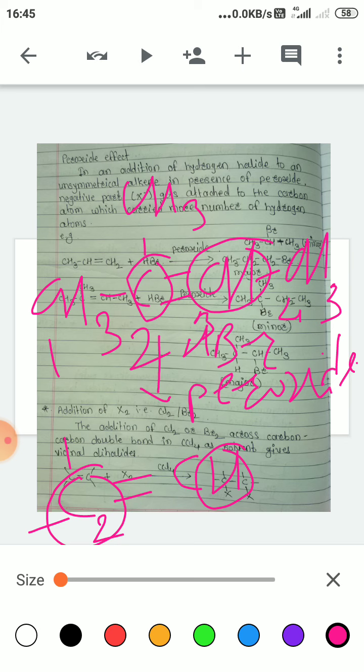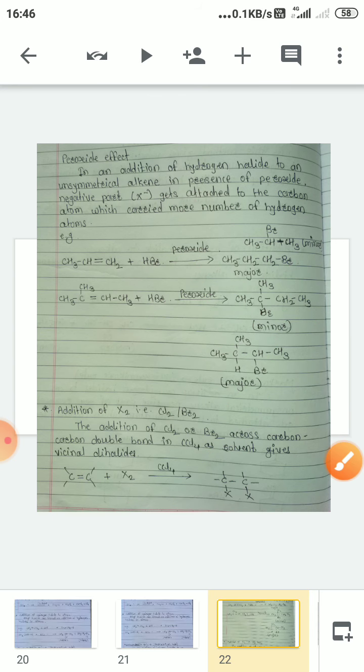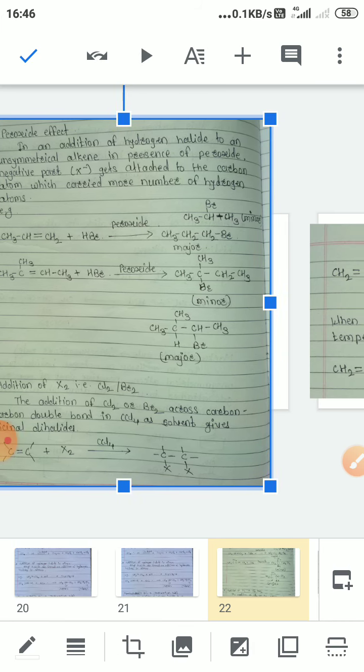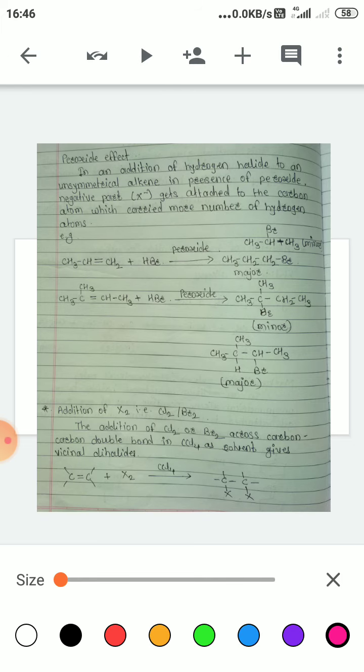Therefore the bromine atom gets attached to this carbon atom due to the presence of peroxide, and therefore we will get this one as the major product, and the name of the product is 2-bromo-3-methylbutane.